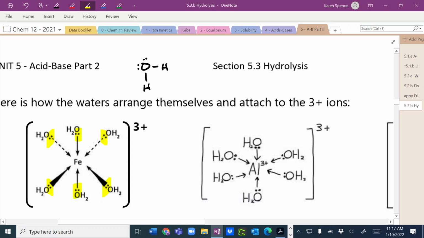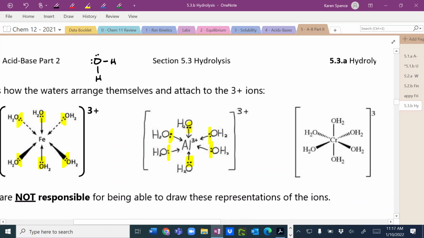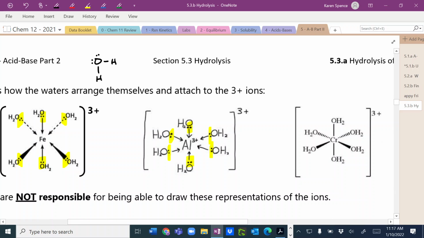And that's going to happen with the aluminum, those lone pairs, and the same thing is going to happen with the chromium.